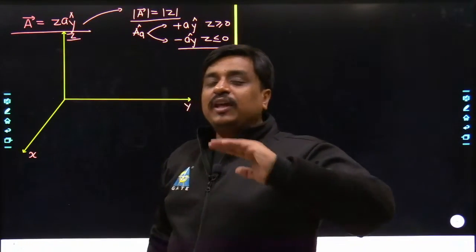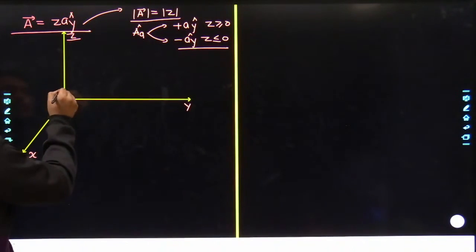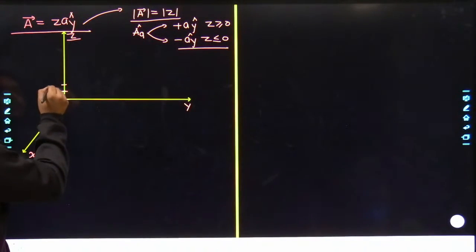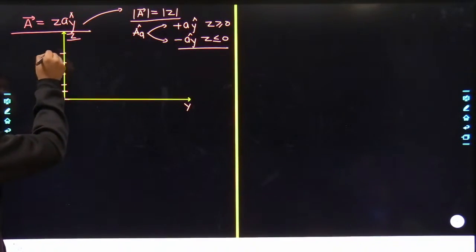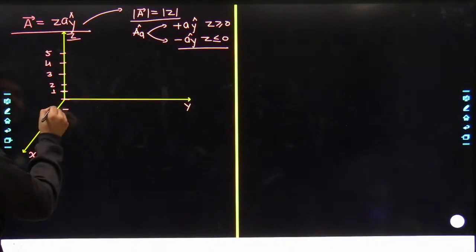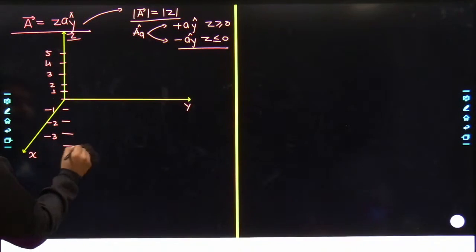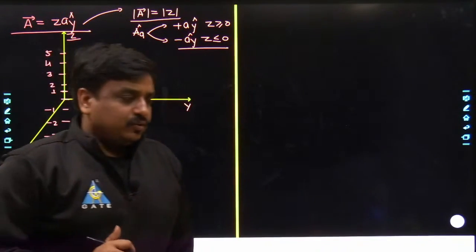Now a few very important things are going to come. Let's see what. I would be taking the reference of z. Here goes z equals 0, here goes z equals 1, then 2, and it keeps increasing in the positive direction. Similarly, once you come down, it decreases towards -1, -2, -3, -4.